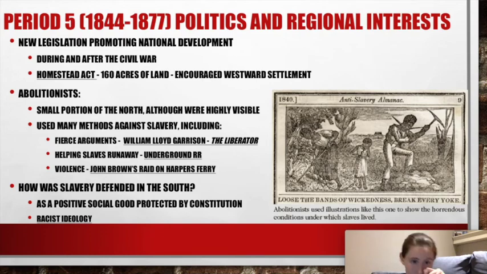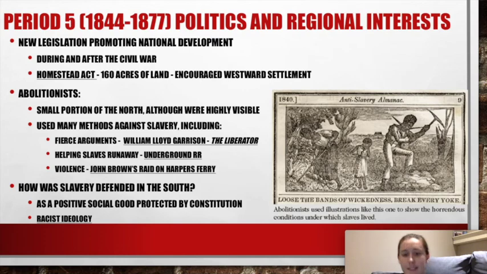Now, within the South, slavery was defended. A lot of these arguments were perpetuated by elites that wanted to maintain their power, but some of these arguments were believed by middle class and lower class as well. One of the ideas was that slavery was a positive social good, that slaves were taken care of, that they were happy, and that slavery gave them food and housing or a place to exist where they would be protected.